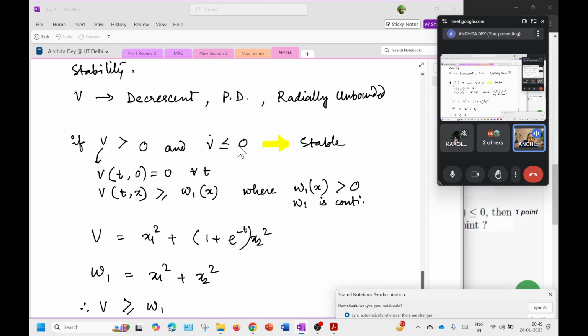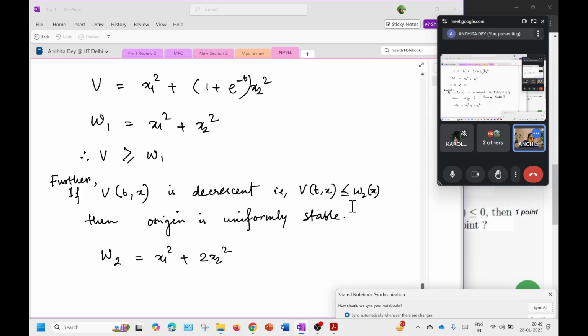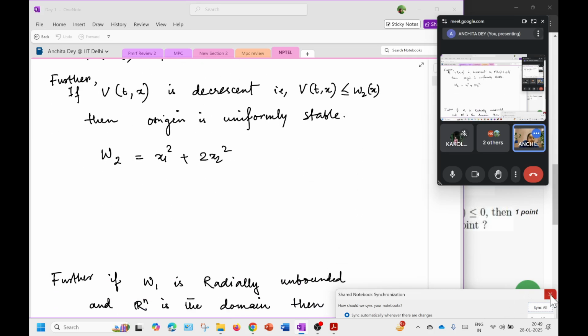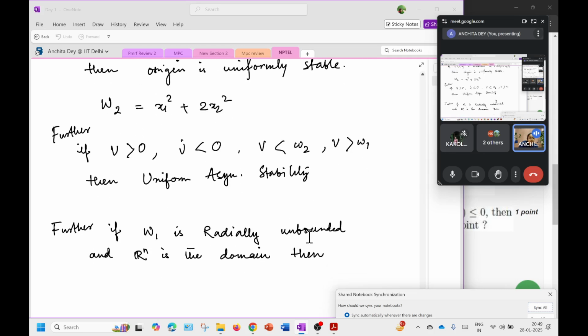So if it is less than or equal to 0, then stability. Less than or equal to 0 along with decrescence, then you have uniform stability. If it is less than 0 and decrescence, then it is uniform asymptotic stability. So V is now bounded by W1 and W2, and V dot is less than 0. Then you have uniform asymptotic stability.